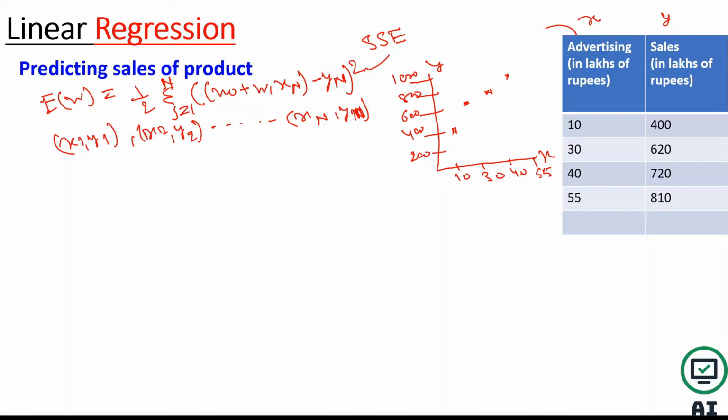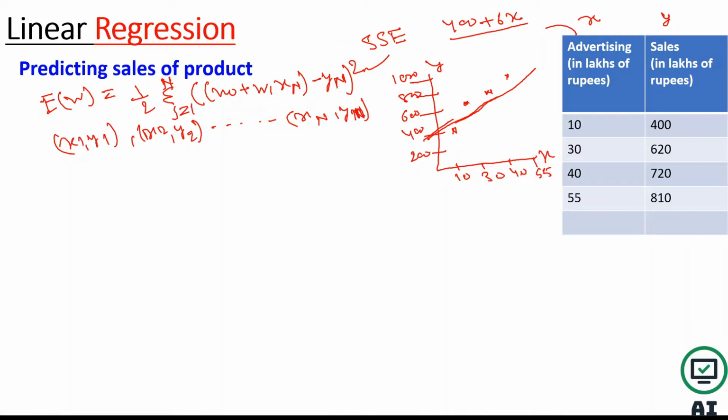Then every line perhaps incurs a certain error or loss. For example, the line 400 plus 6x. Let's take one line, where 400 plus 6x is the straight line. This line will pass through this 400 like this.